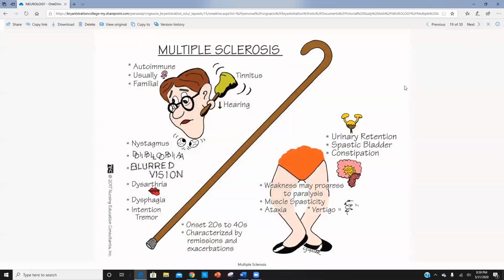All right, multiple sclerosis is going to be next. And so this is a chronic progressive immune-mediated disease of the central nervous system. It's characterized by patches of demyelination in the brain and spinal cord, and the symptoms occur during relapse and remission. So it's a relapse and then remission, relapse and remission. And so the exact cause is unknown.